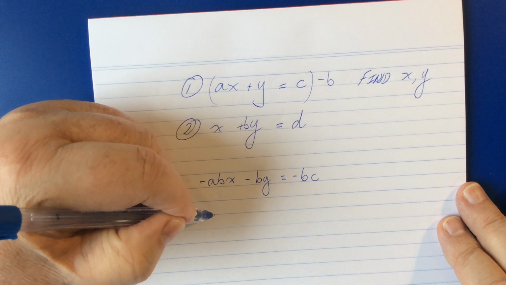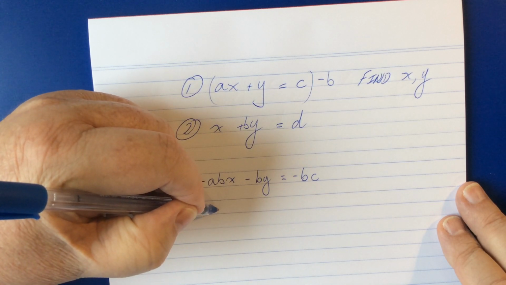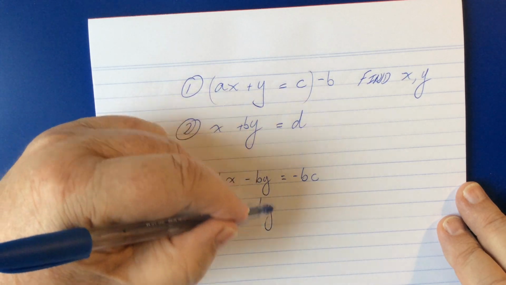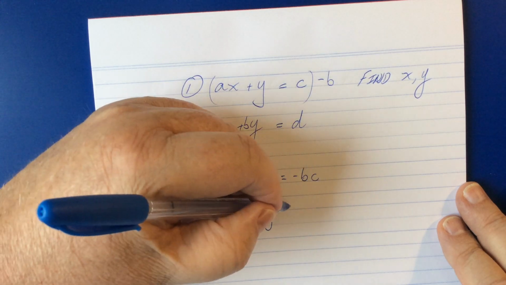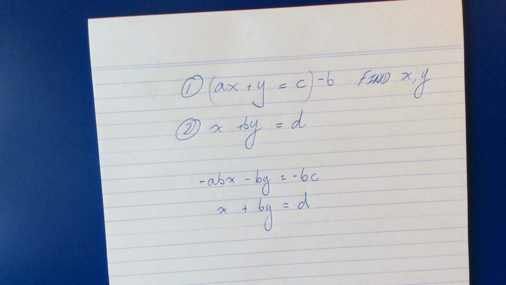Let's get to work. x plus by, and you can see where I'm heading with this. I want to get rid of this, equals d.